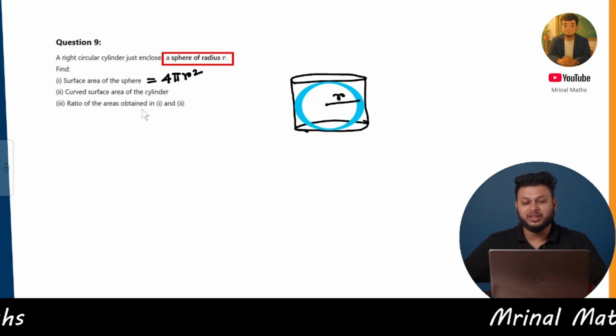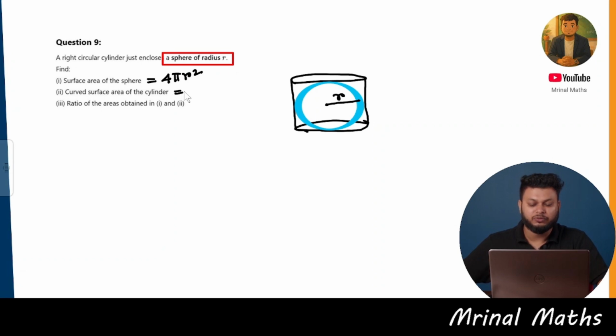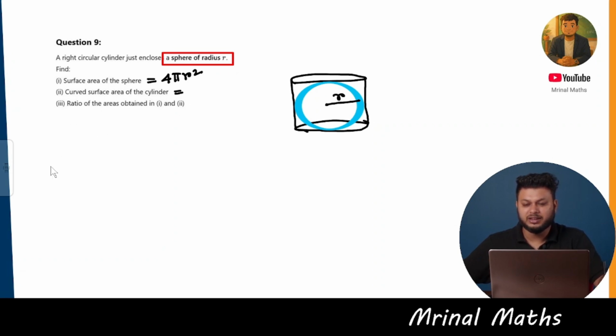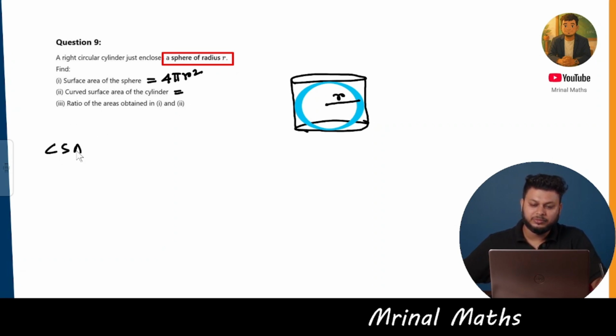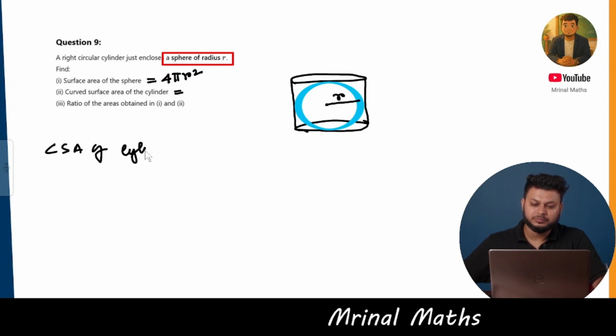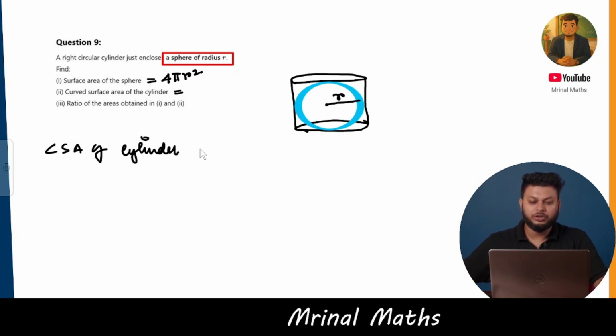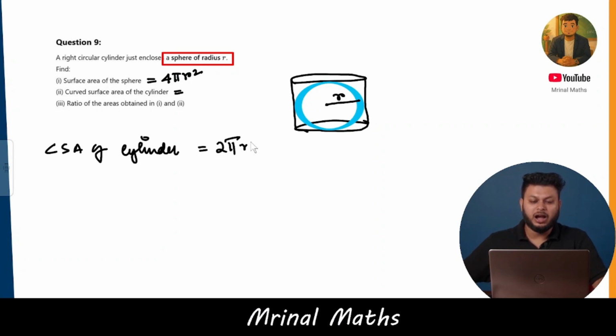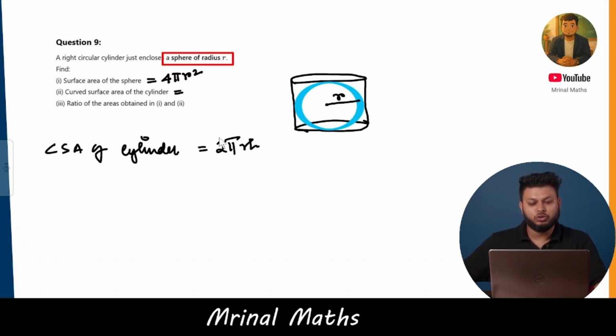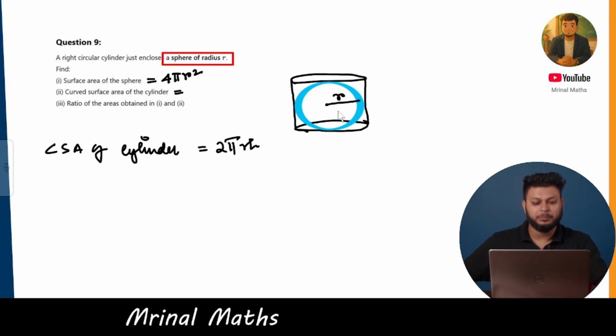The formula for curved surface area of a cylinder is 2 pi r h. So, you know the value of pi, radius is also known, which is r over here, and h.